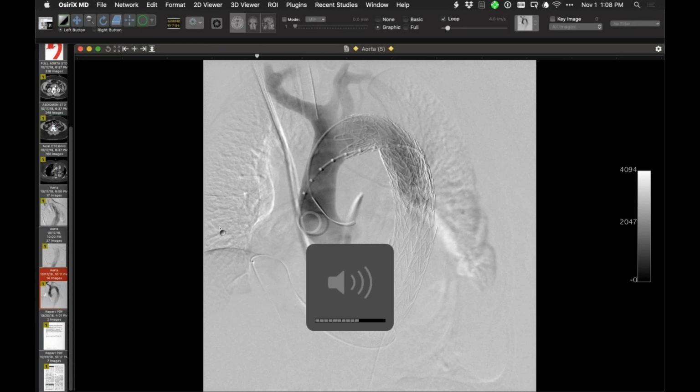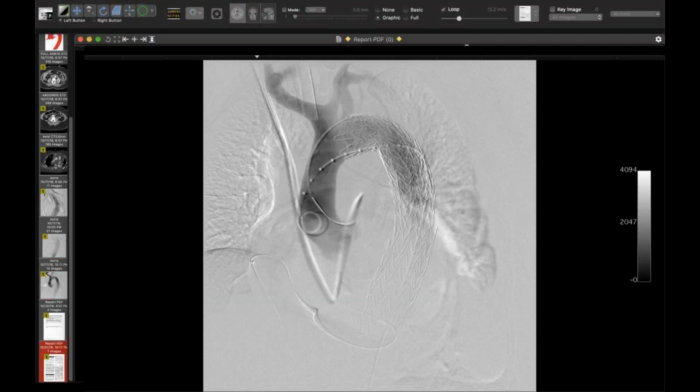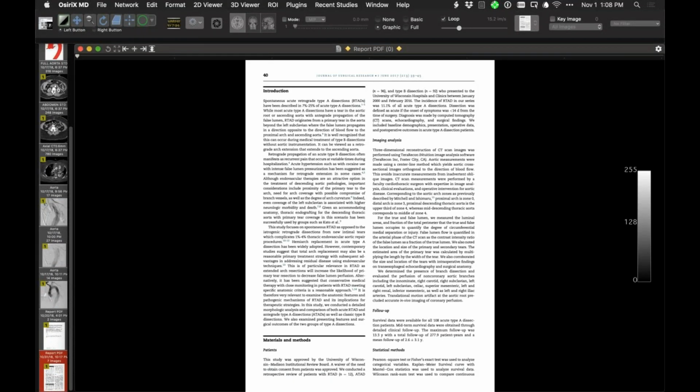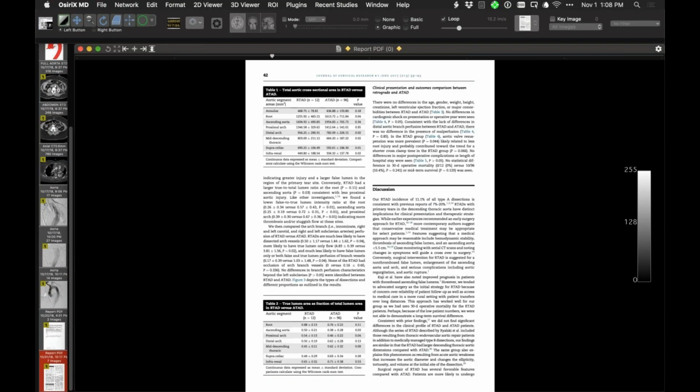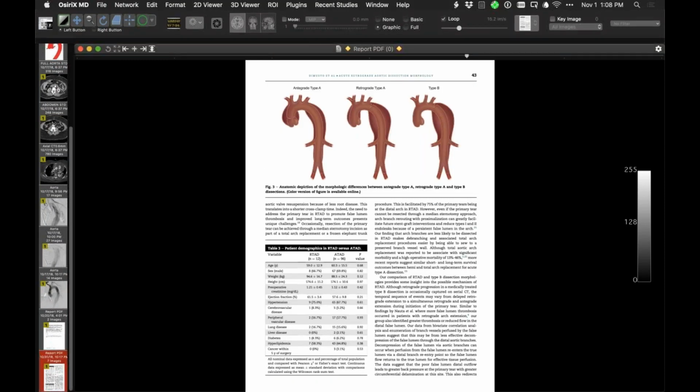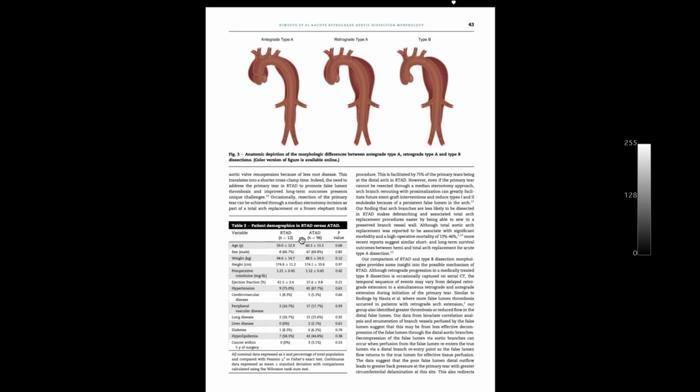So Howard, the article called it a type A dissection. So was it called type A in the article that you showed because it involves the ascending aorta? Yeah, so let me show you the picture where, as you see here, they are the different ones.